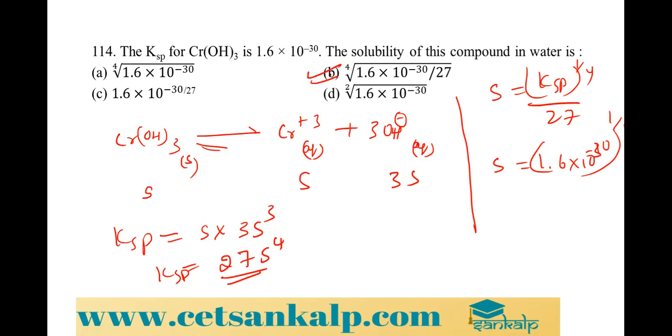That's option B. Solubility is 27 whole to the power of 4. So here they have given Ksp and the Cr(OH)3 concentration, the solubility of this compound in water.